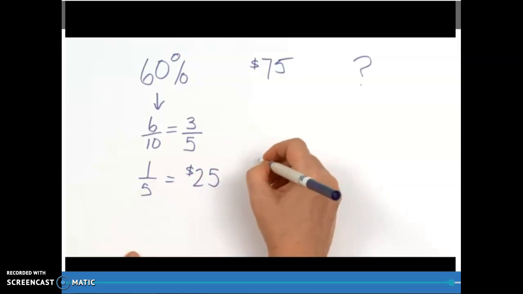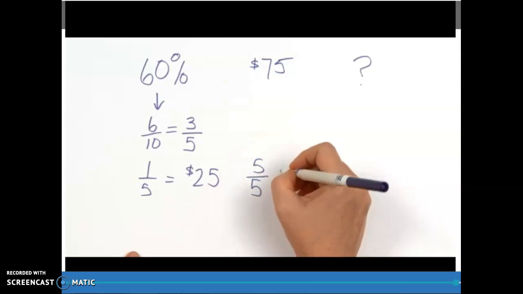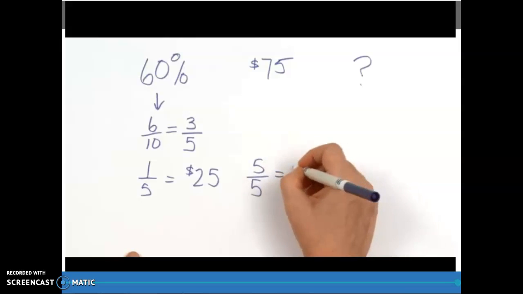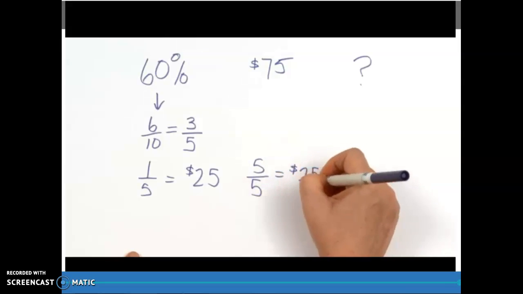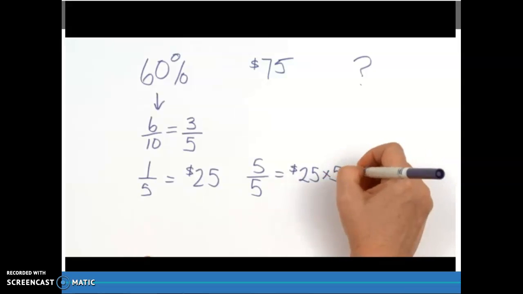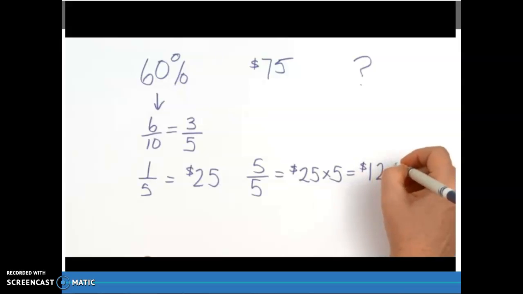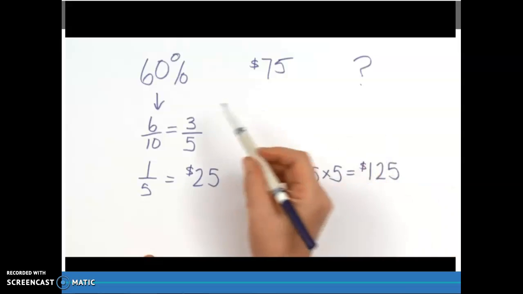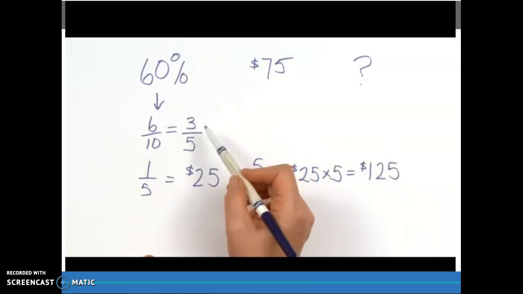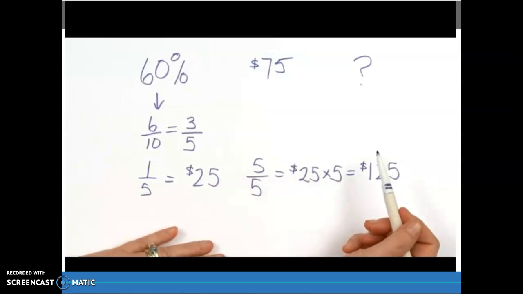That means that if we need to have 5/5, then we need $25 times 5. And that means that the phone must cost $125. So in this way, we can use some of the knowledge that we have of fractions to help us with our understanding of percents.